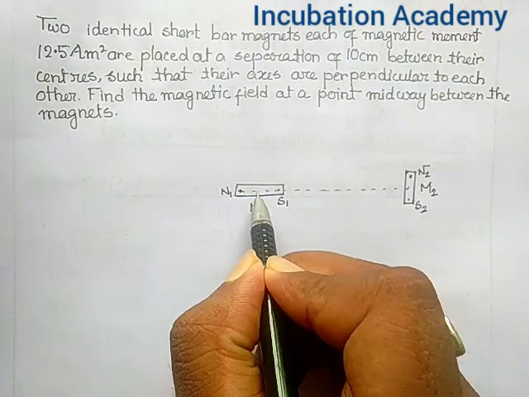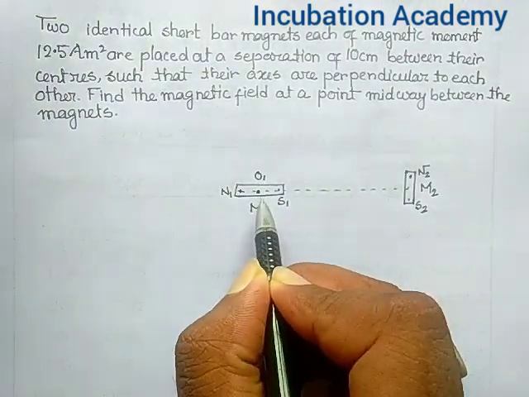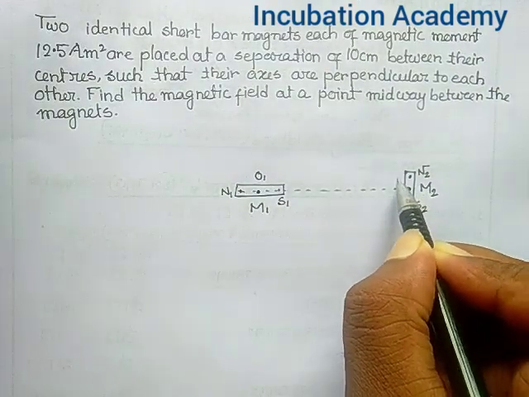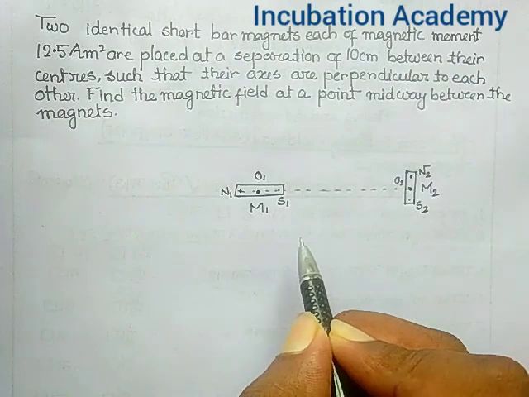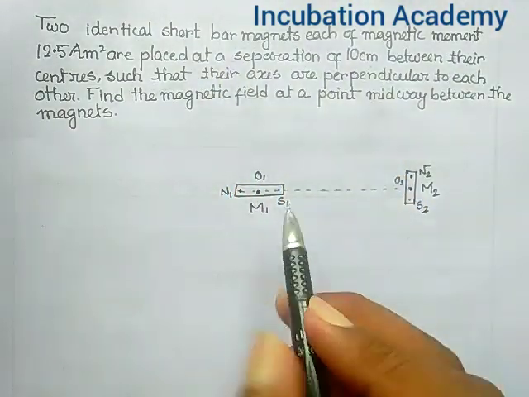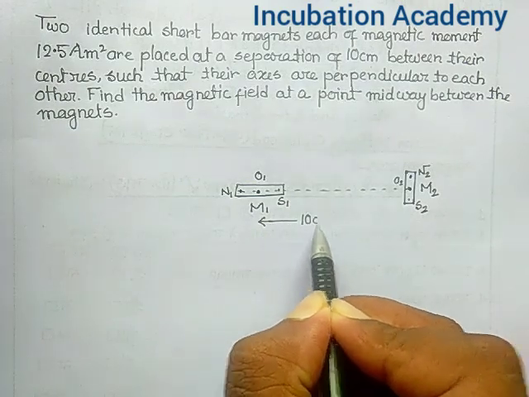The separation between these two magnets, let us say it is the midpoint O1 of M1 and it is the midpoint O2 of M2. The separation between them is 10 centimeter. So O1O2 is basically 10 centimeter.